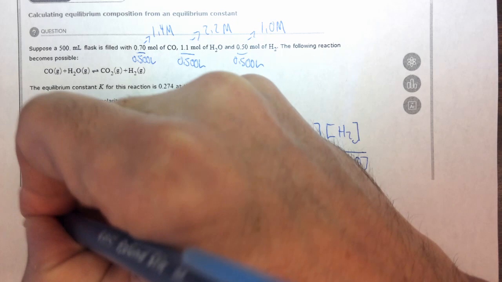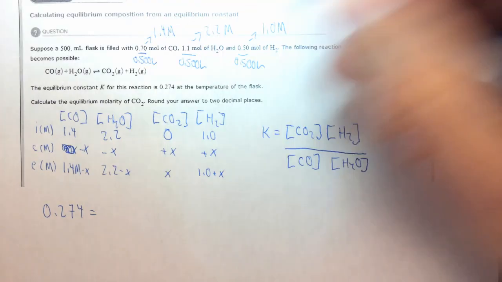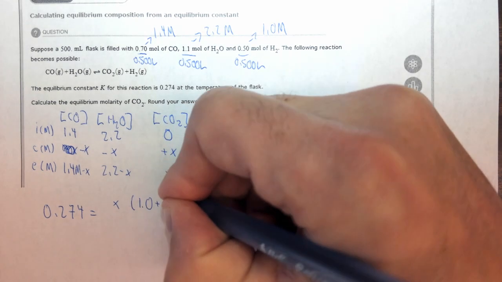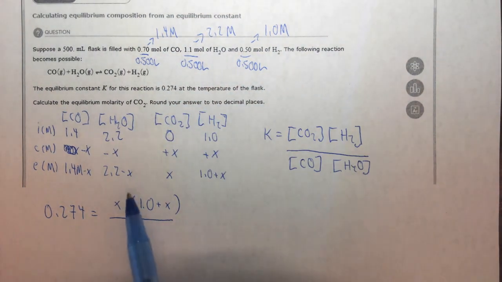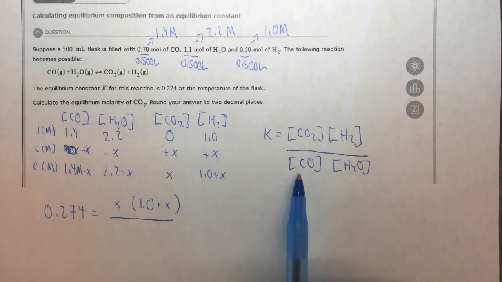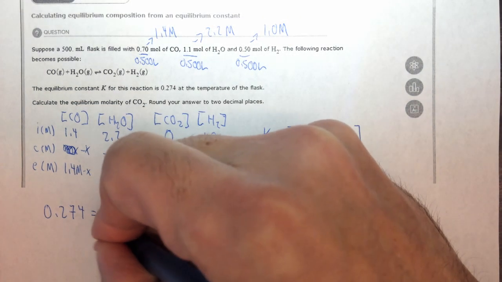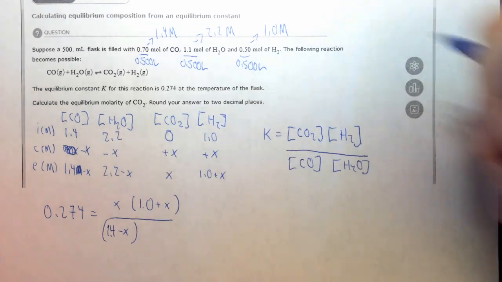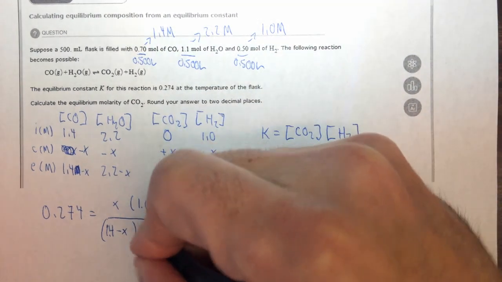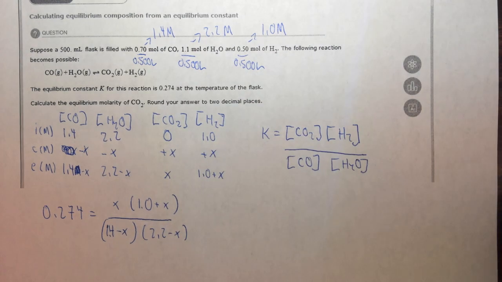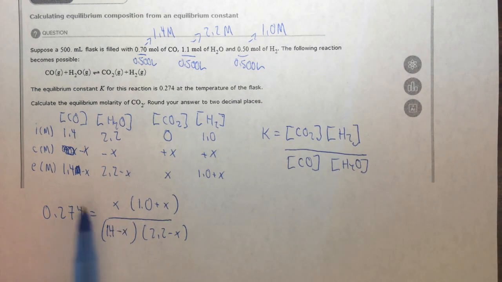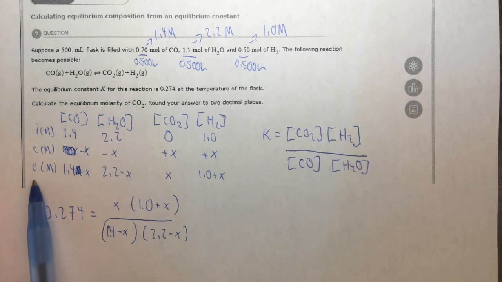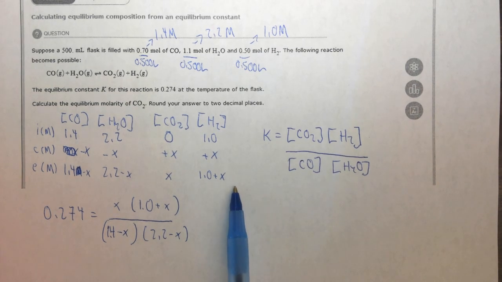So K, which is 0.274, equals concentration of CO2, which is X, concentration of hydrogen, which is 1.0 plus X, divided by the concentration of CO, which is 1.4 minus X, times the concentration of water, which is 2.2 minus X. So now I have plugged in my X values for my equilibrium concentrations on the ice table.